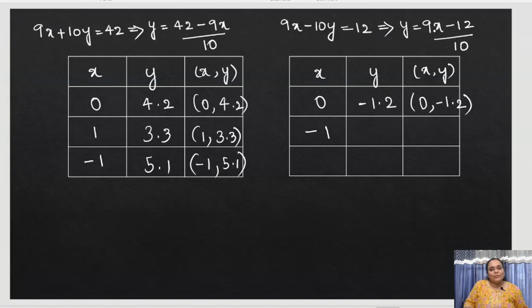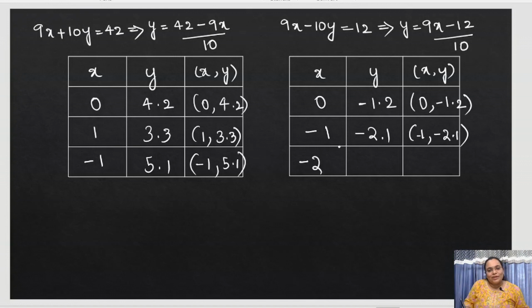This will be minus 9. Yes, minus 9 plus minus 12 will be minus 21, right? So minus 21 by 10 is minus 2.1. Okay, so points will be minus 1 and minus 2.1. Okay.